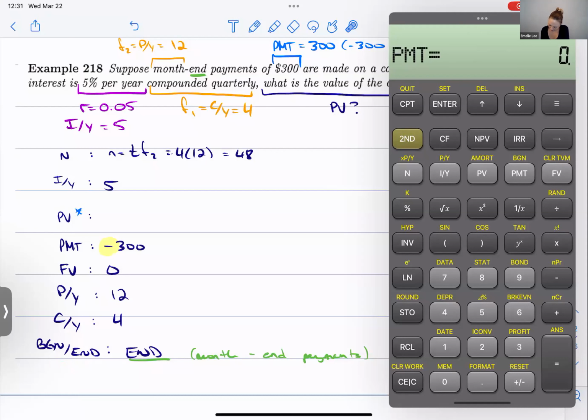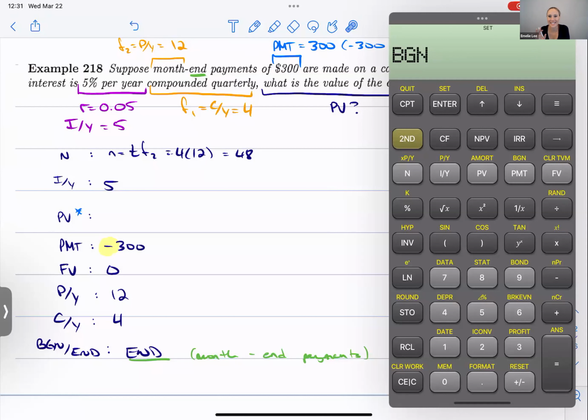I overwrote my negative 300 in the PMT, so I should probably restore that. But I was trying to use my highlighter for the begin, which is above the payment. So then what you can do is you go second, hit the payment, and notice that the default is at end.